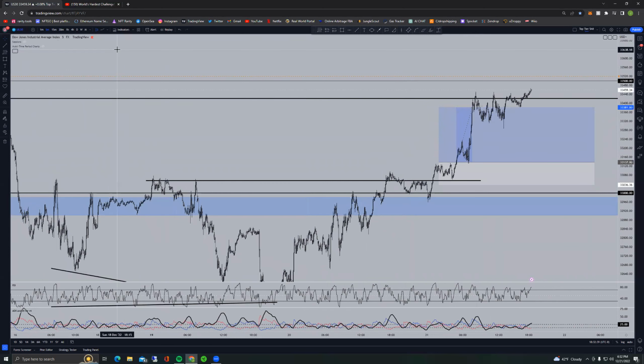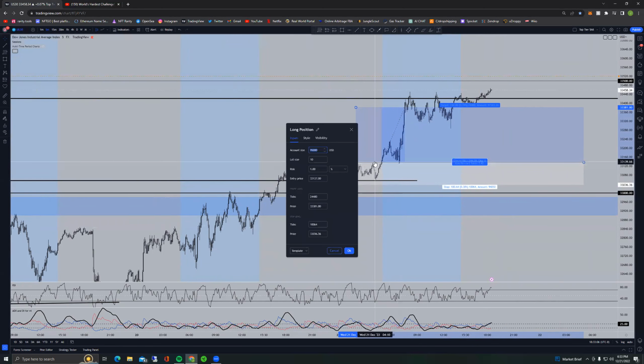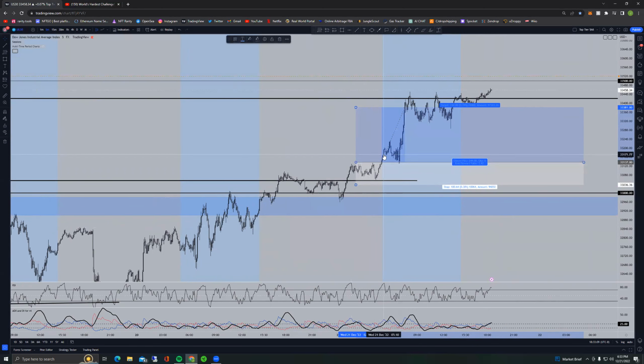The way that my trade ended up going, I entered at 4 a.m. before the session started. My entry was pretty much right here, almost at 5 a.m., because my entry was exactly at 33,137.